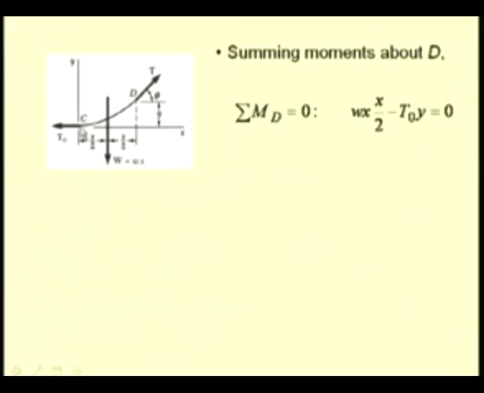And the moment of this force T naught is a clockwise moment, so we have a negative moment, minus T naught times y, which is the moment arm of this force T naught about this point D. So, this equation relates the y and x coordinates of the various locations of the cable.